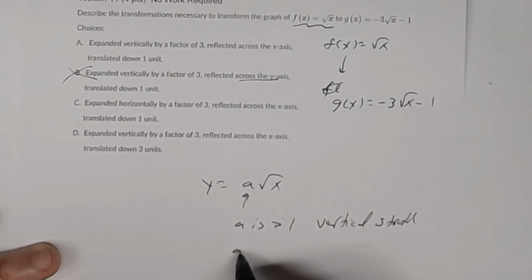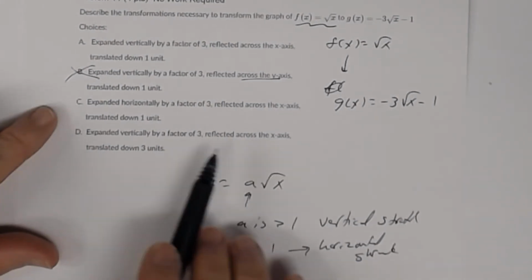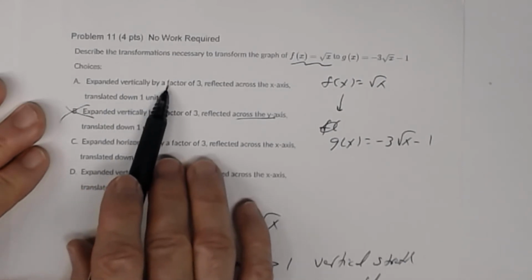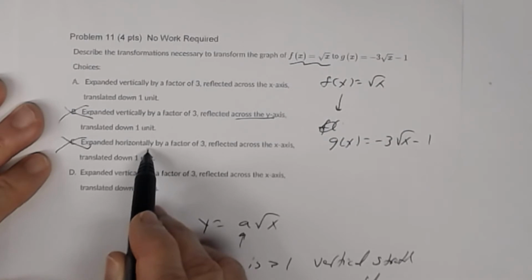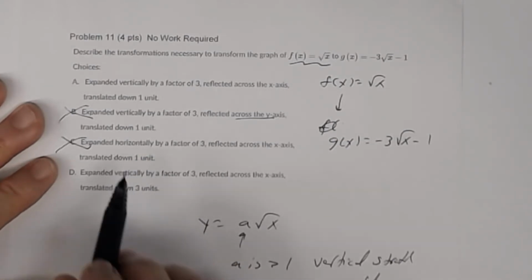And if a is between 0 and 1, that is a horizontal shrink. All right, so when we have this right here, so notice that a is greater than 3, so that's going to be vertical. So you expanded it vertically by a factor of 3. So we know we can eliminate C because that's set horizontally.